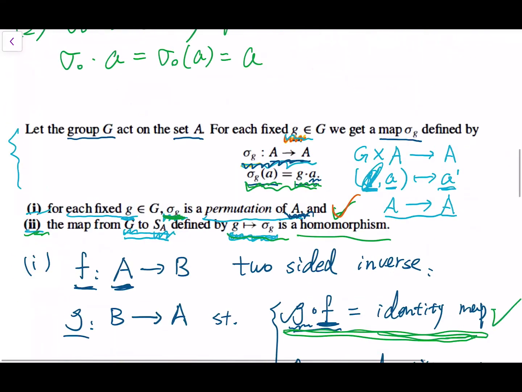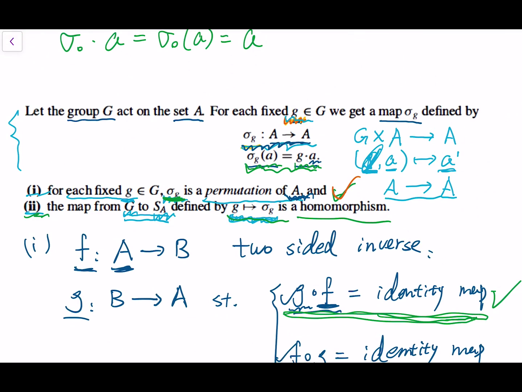The next thing is to show that the second property, in which the map from G to S_A, the symmetric group on the set A, is a homomorphism.